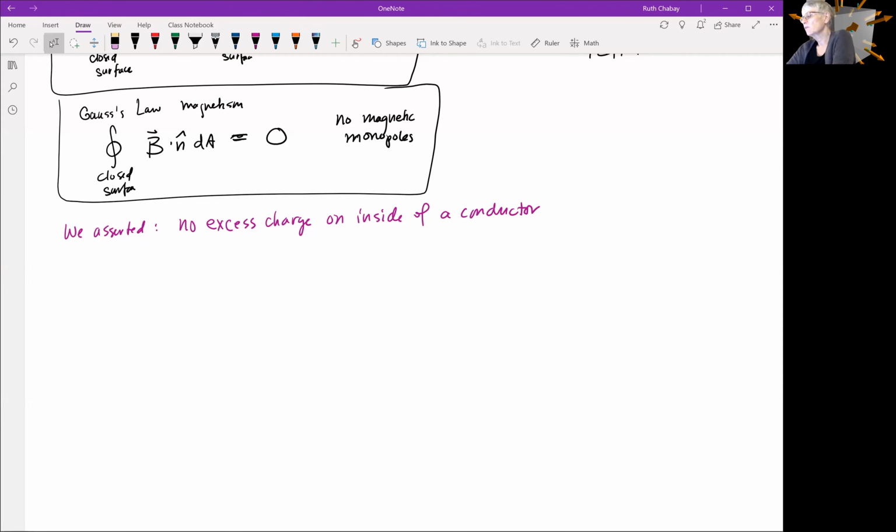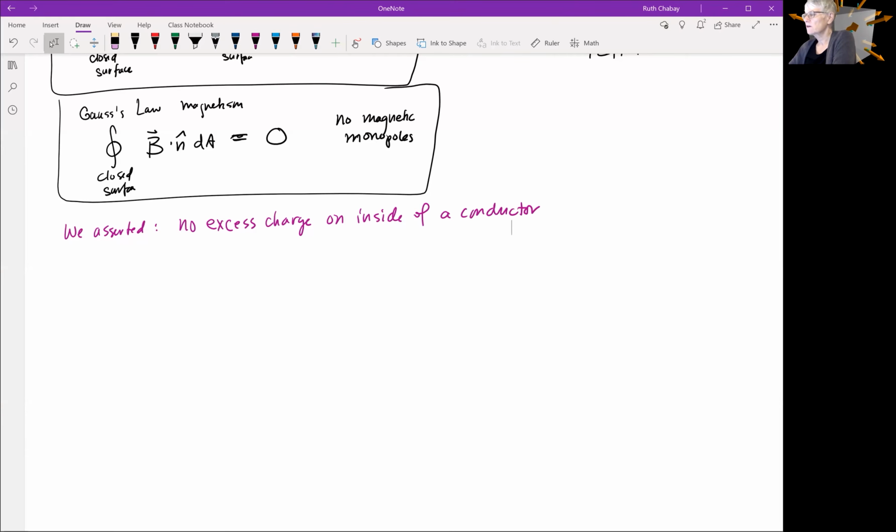Now, this is plausible because excess charges are going to repel each other, and so of course charges are going to want to move toward the surface, so it made sense. But we weren't actually able to show, in the sense of a logical, mathematical proof, that this had to be the case. But now we can, armed with Gauss's law.